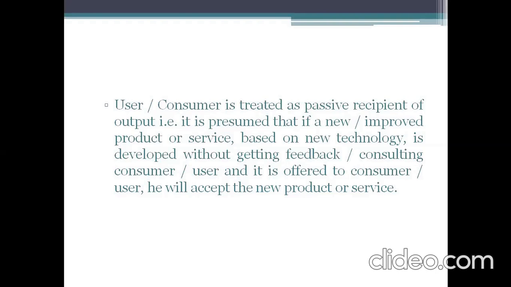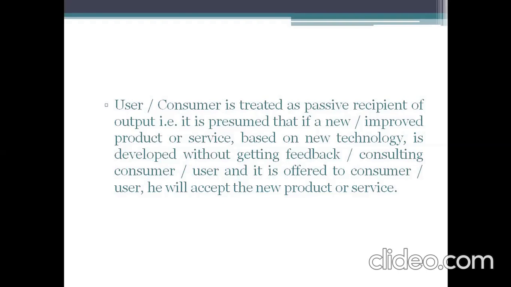And that is why now the linear push model, the technology push model, is not adaptable, because you are not asking me what I'm supposed to have and what I'm expecting, and then you are selling the product to me, so definitely it won't be adaptable to me. So that is what the linear, or technology push model, is.